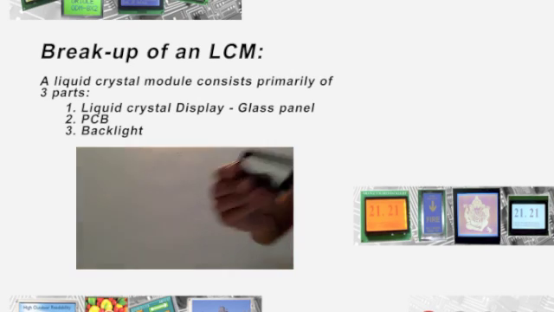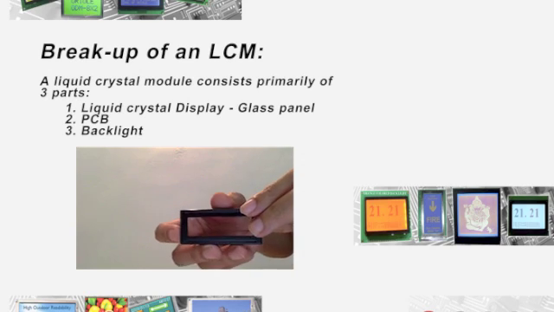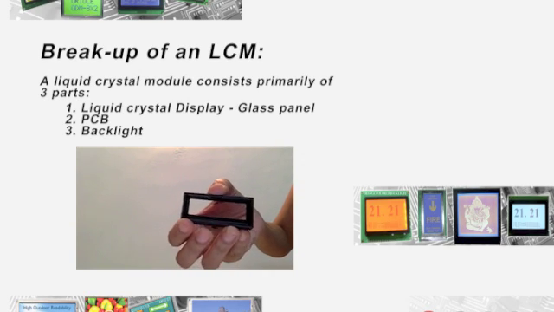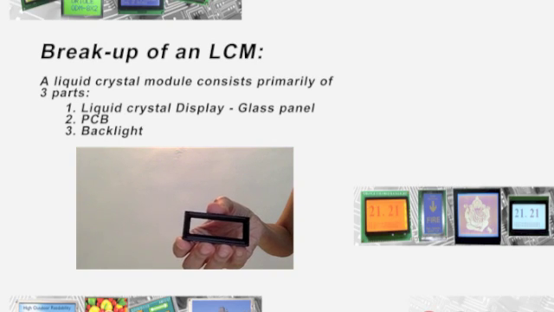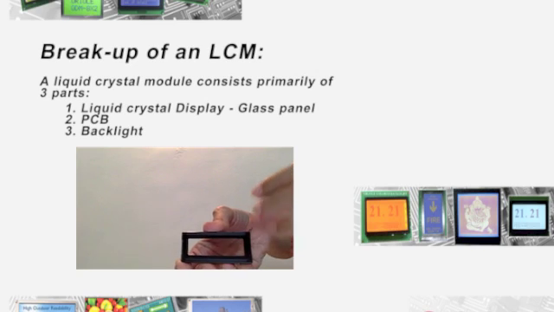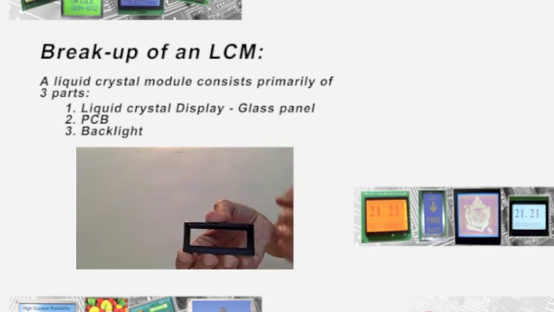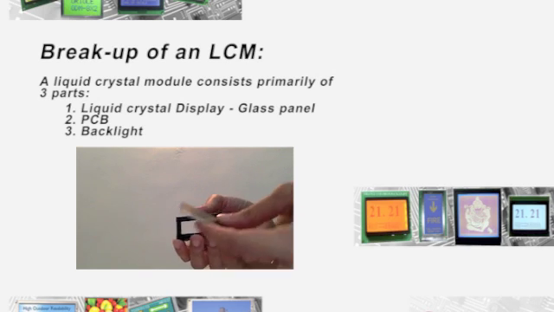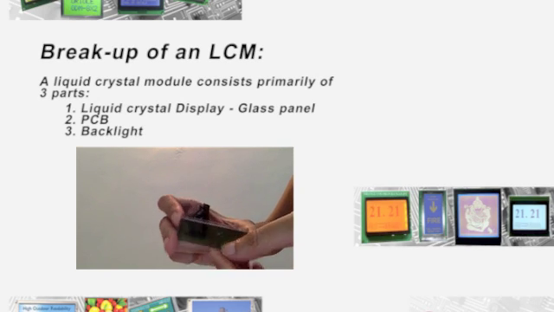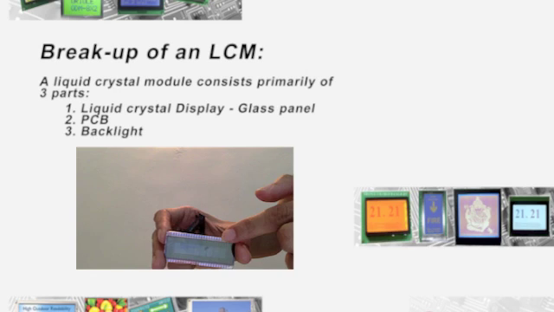Now this metallic bezel is just for mechanical support. It is used to make sure that the LCD, that is the glass panel, fits tightly to the PCB and there is electrical connectivity. If you see in this glass panel, the electrical connections come over here.